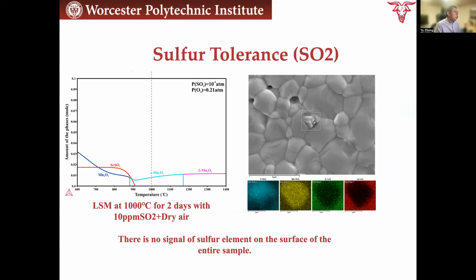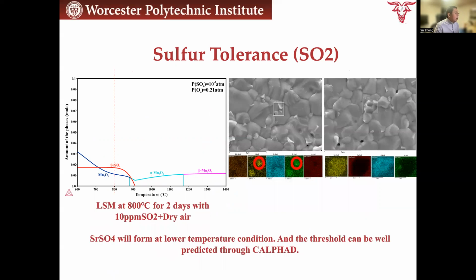For example, the sulfur tolerance. From the simulation, we have seen that a small amount of manganese oxides will form at high temperature, for example at 1000 degrees C. At lower temperature, like 800 degrees C, you have manganese oxide and also strontium sulfate.